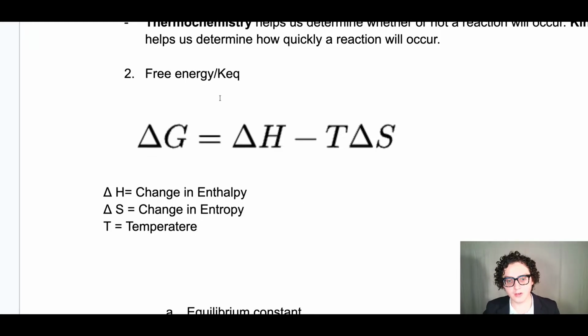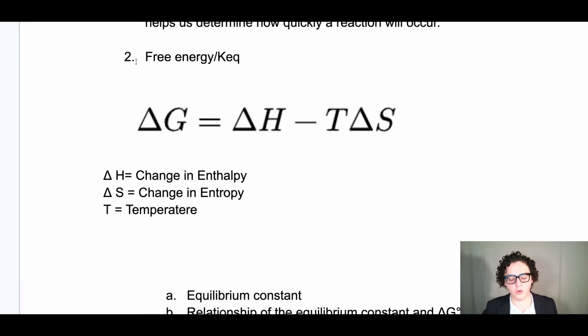I'm now going to explain this equation. This equation defines delta G, or the change in Gibbs free energy. The equation reads delta G equals delta H minus T times delta S. Translated, that means change in Gibbs free energy equals change in enthalpy minus temperature times change in entropy.